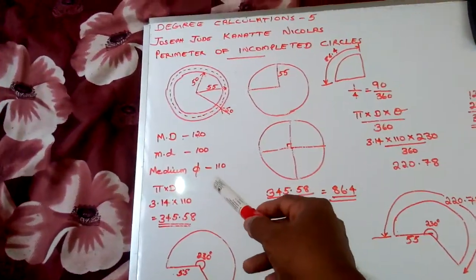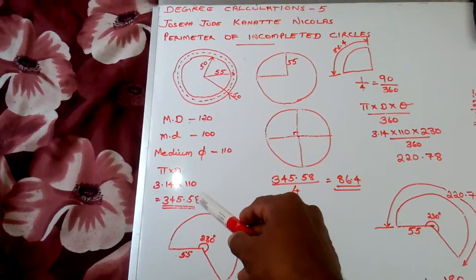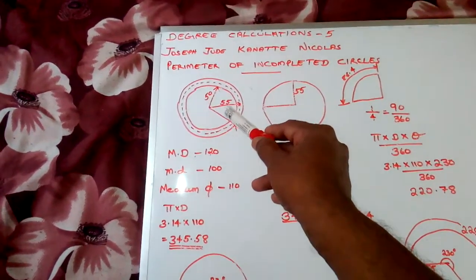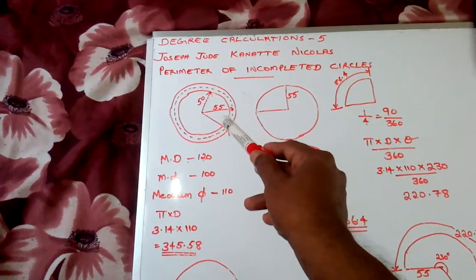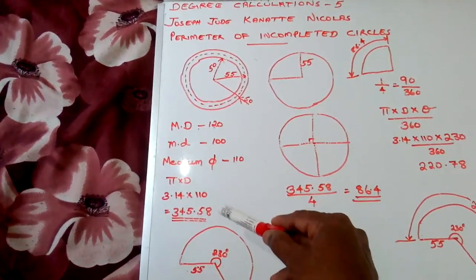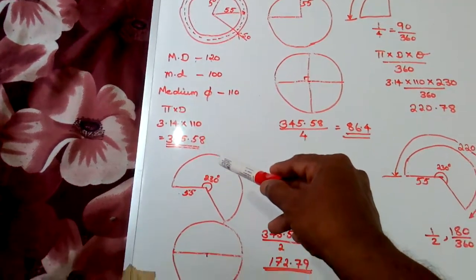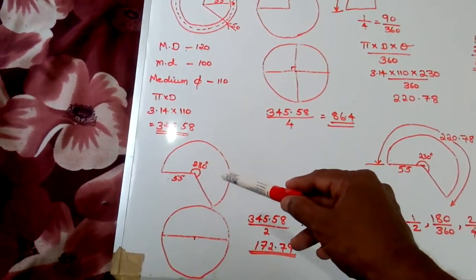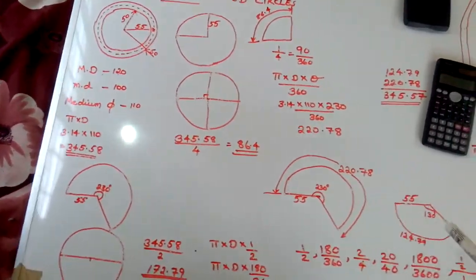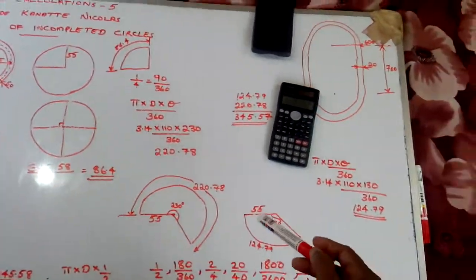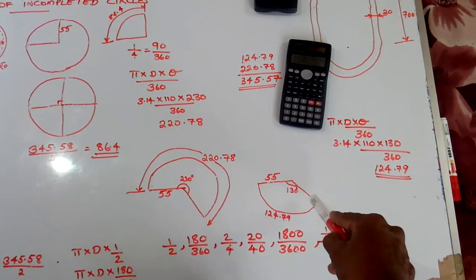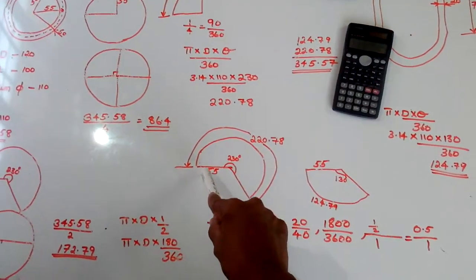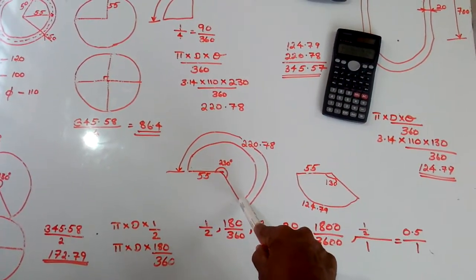Earlier we had found the measurement of 345.58 for radius 55 and diameter 110. So we recognized its perimeter from here to here is 124.79.